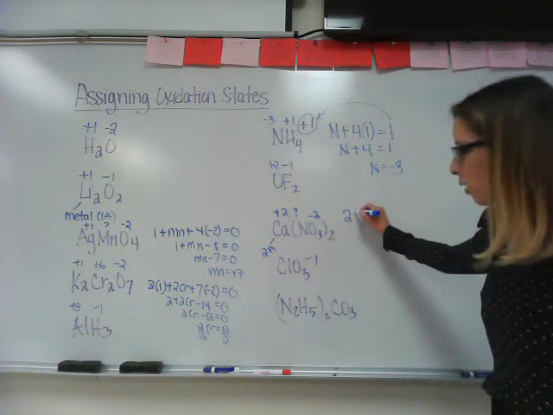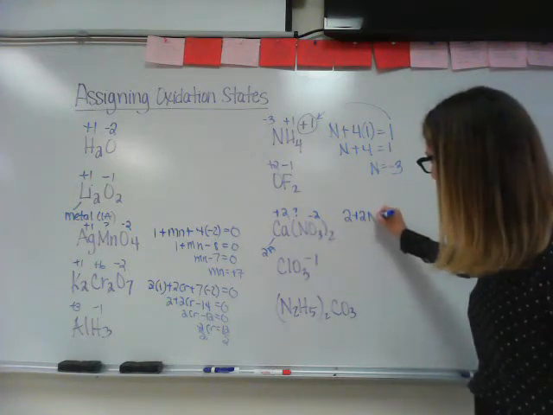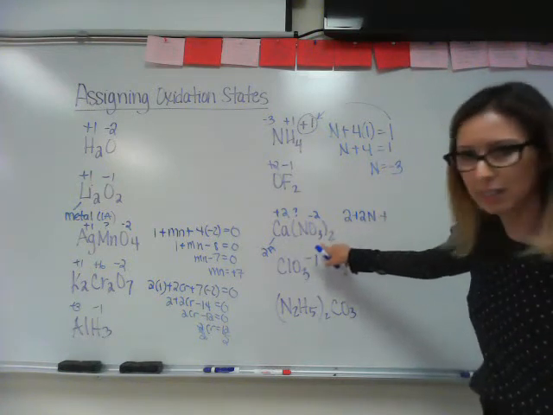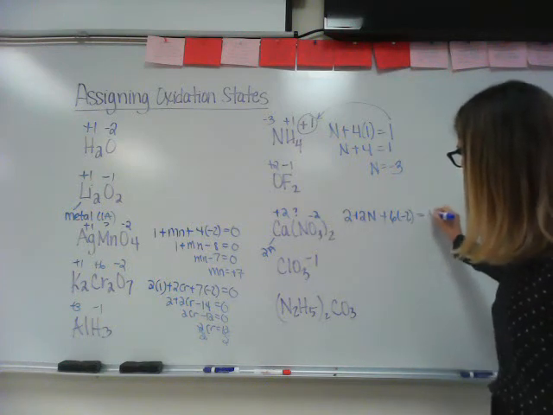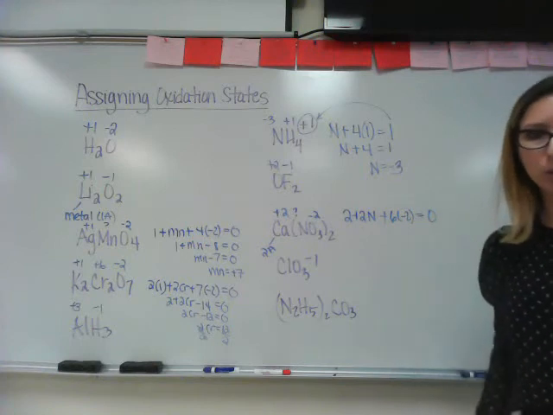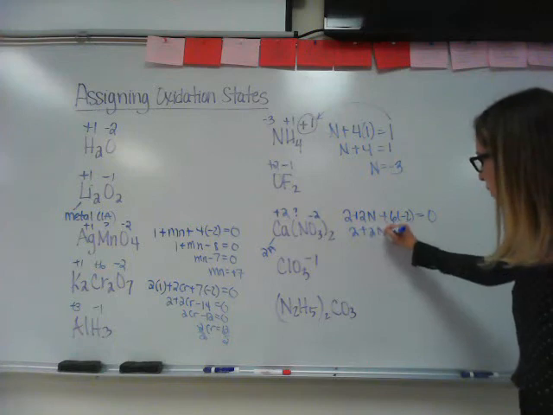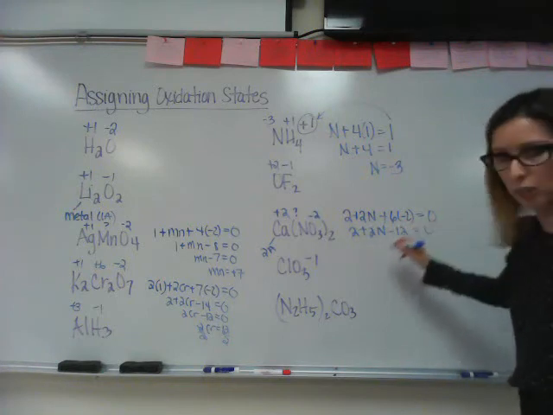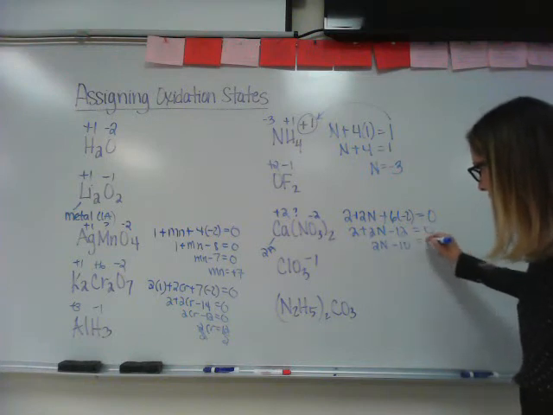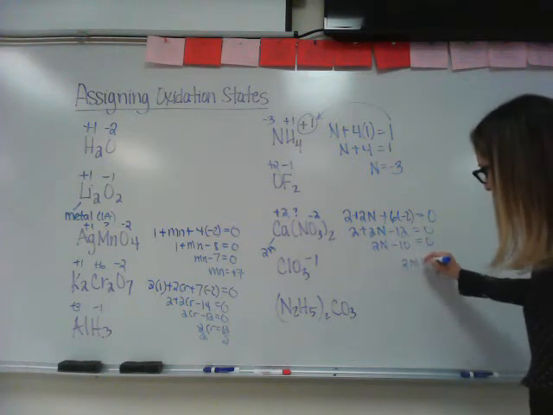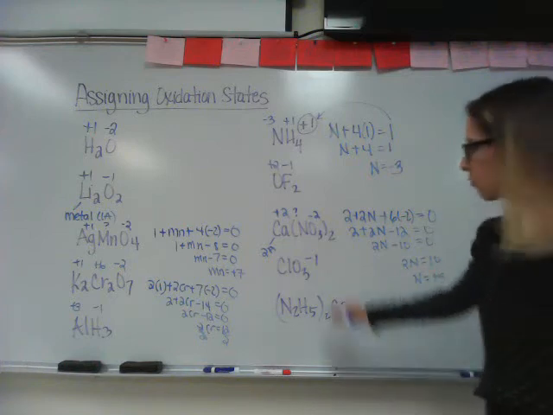So calcium at a +2 plus 2 nitrogen plus 6 oxygen at a -2 add up to 0 because there is no charge written on the paper next to the example. So 2 plus 2n minus 12 equals 0. 2 minus 12 is a -10. Throw the 10 on the other side. You're going to get nitrogen is a +5.